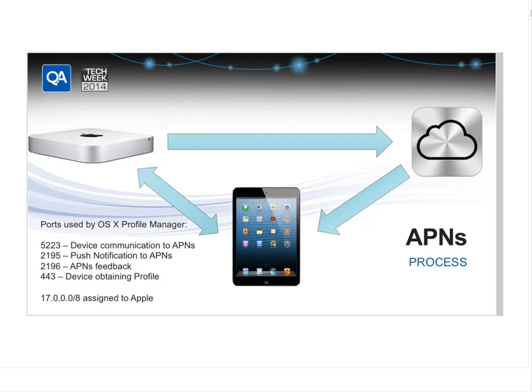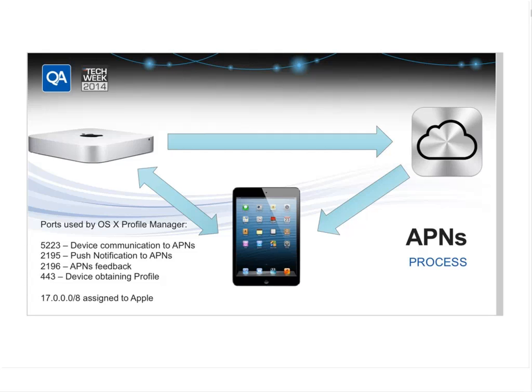So how does APNs work? Well, your OS X server will send a notification to Apple. It will actually use those ports listed on the slide there, 5223, 2195 and 2196, for communicating with Apple. When it actually sends a notification to APNs, all it does is send a token saying this device, and whether you use serial number, UUID, or IMEI number, has an update.